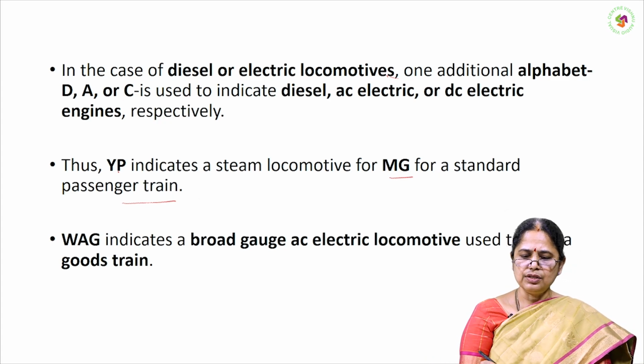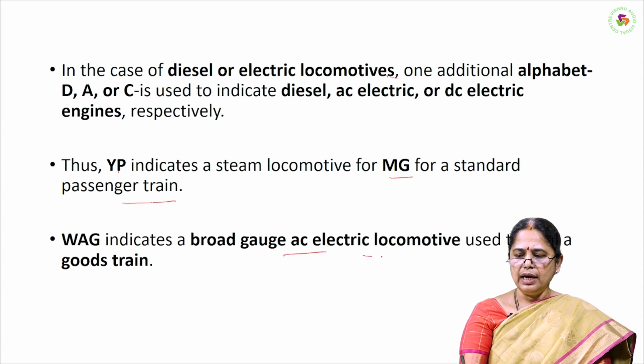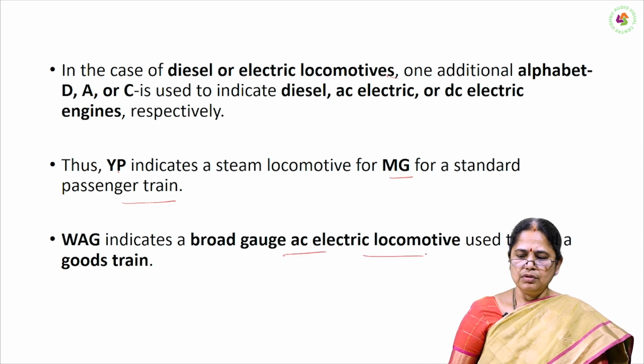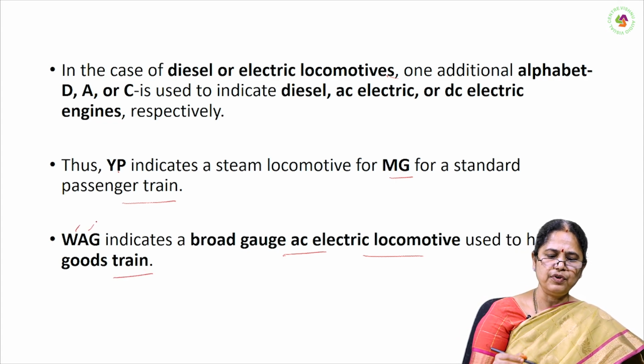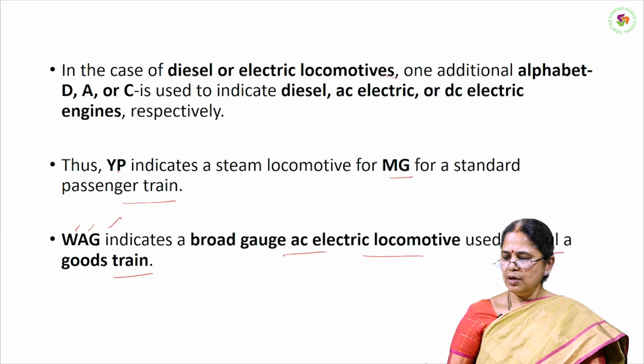WAG indicates a broad gauge AC electric locomotive which is used to haul a goods train. W is for broad gauge, A is for AC, and G indicates goods train.